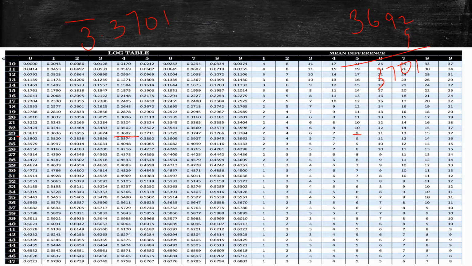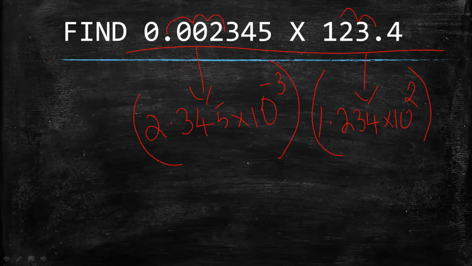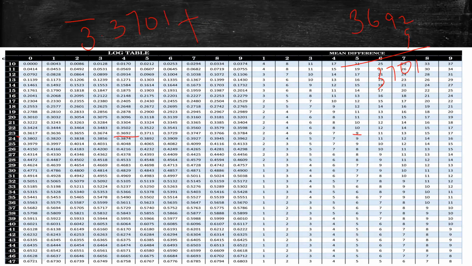Now you have to add the log of 123.4, right? 123.4 means you can write it as 1.234 into 10 raised to 2. So characteristic is going to be 2 only. So you can write 2 point. Now 1234. So here 12.3 means this value 0.0899 and 4 corresponds to 13.